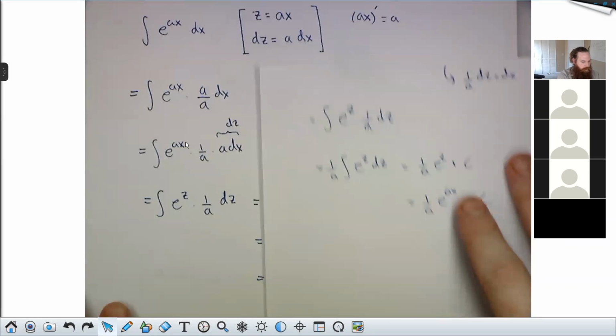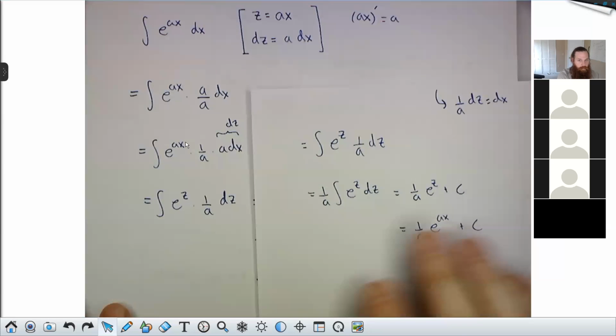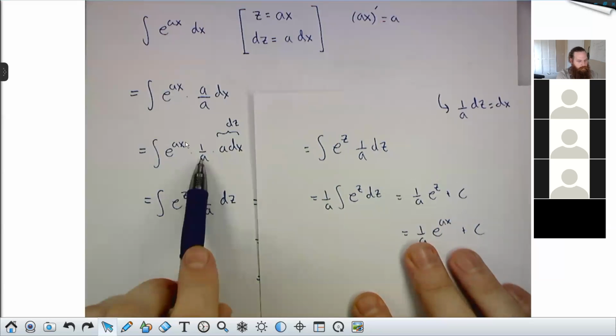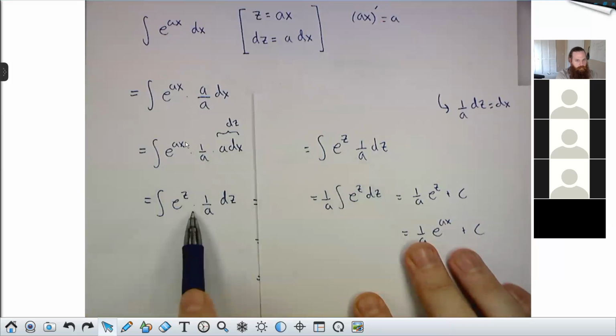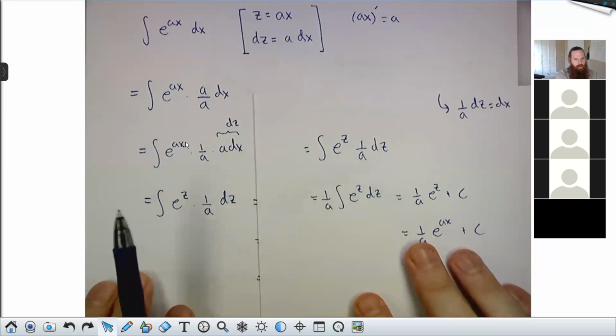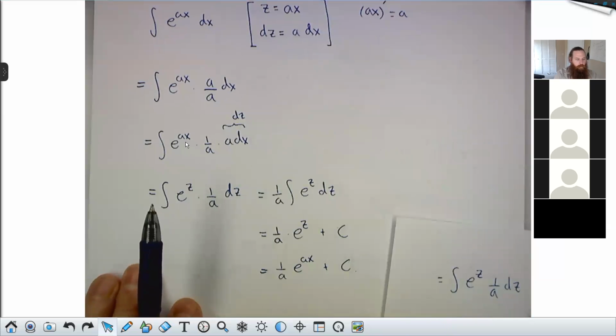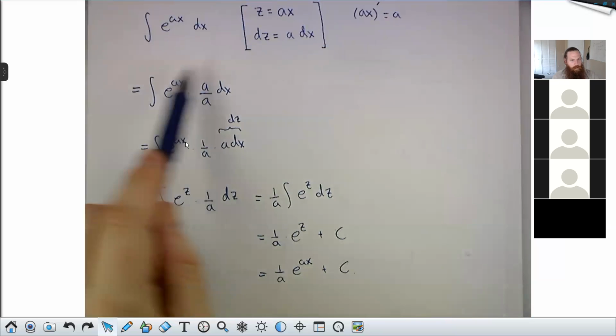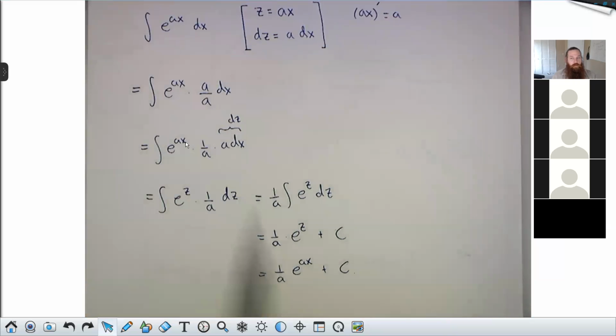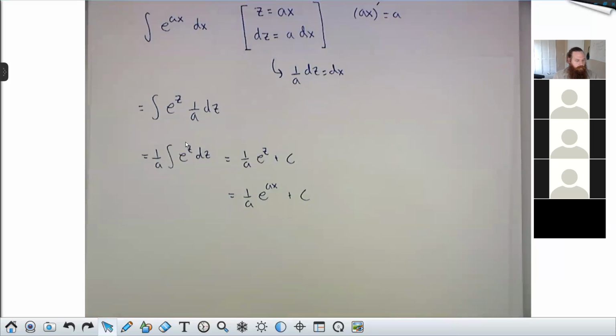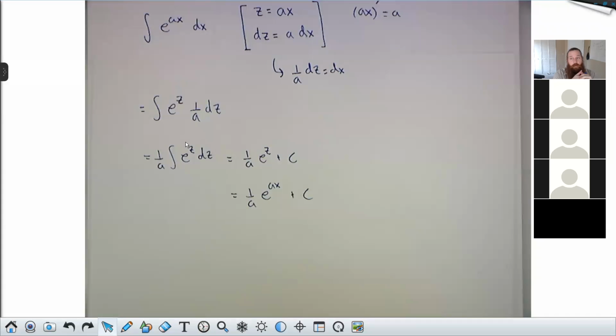Compare this to this, or this to this. You get the same thing. It's just two different ways of doing the algebra. This way of thinking about things will generalize better. This way of thinking about things is usually easier when you're first starting out.